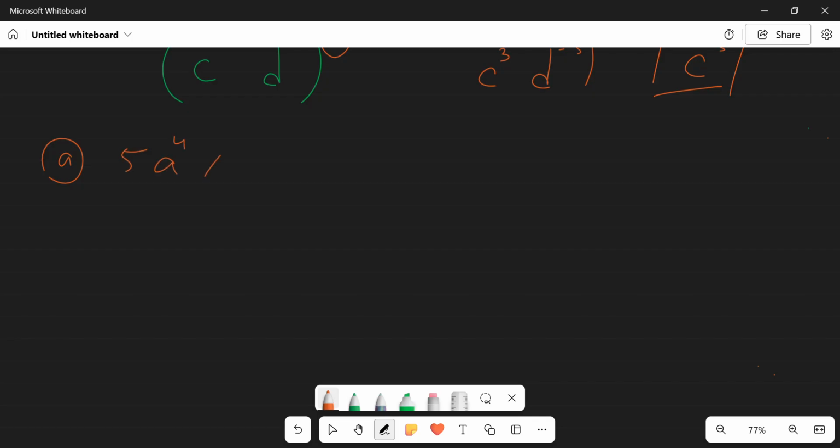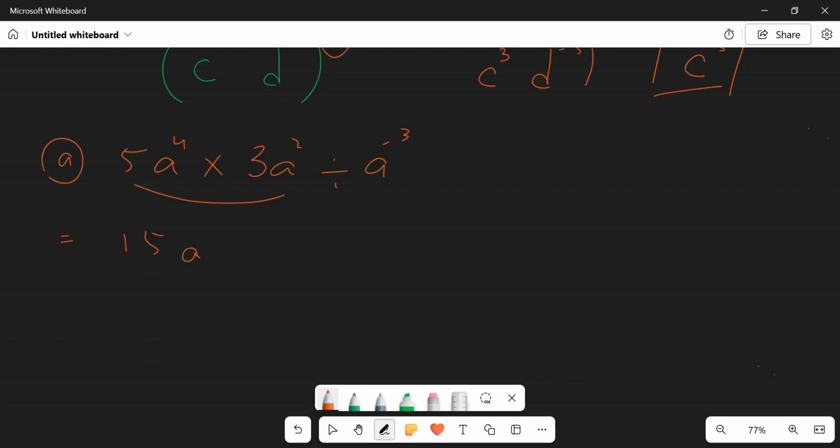5a to the power 4 times 3a squared divided by a to the power minus 3. Here both are in multiplication, so 5 into 3 gives you 15, right? Here all have a, so I'm taking a common.